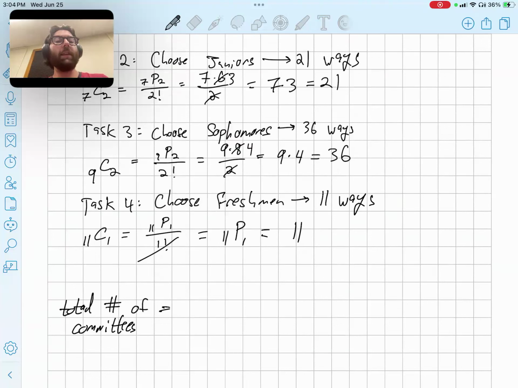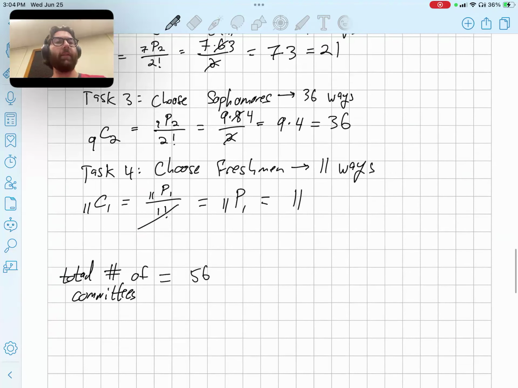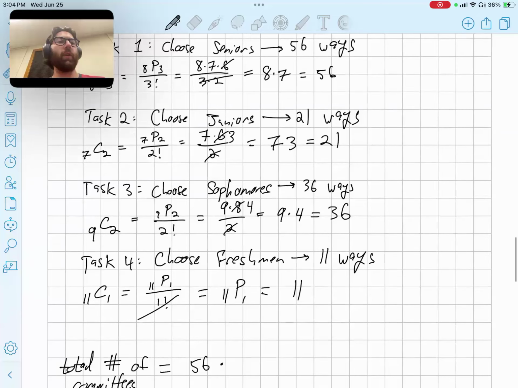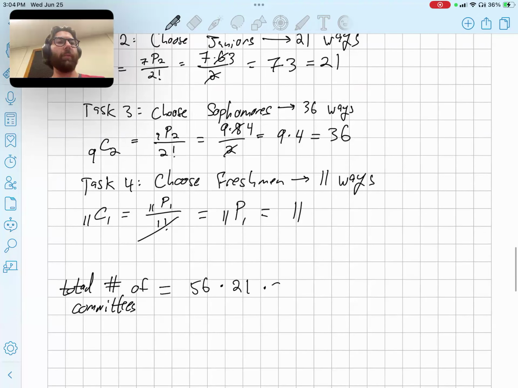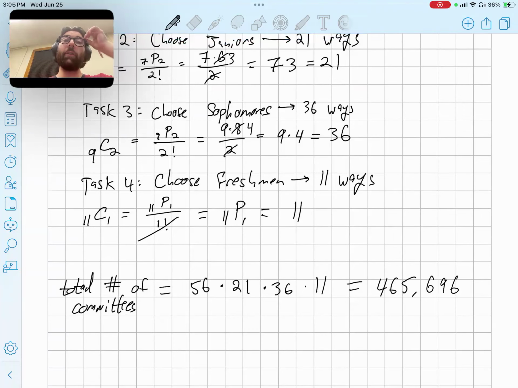And so the multiplication rule tells us that we can just multiply all of these and get our number. So that's 56 times 21 times 36 times 11, which is 465,696. And so there's a lot of different committees that can be formed.